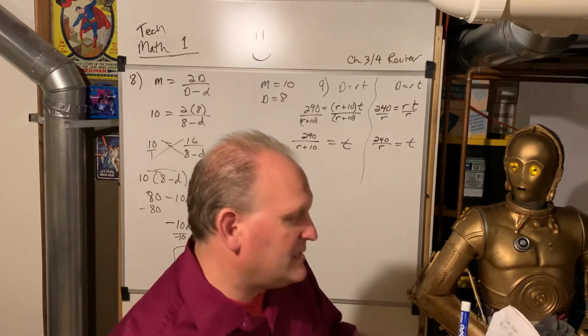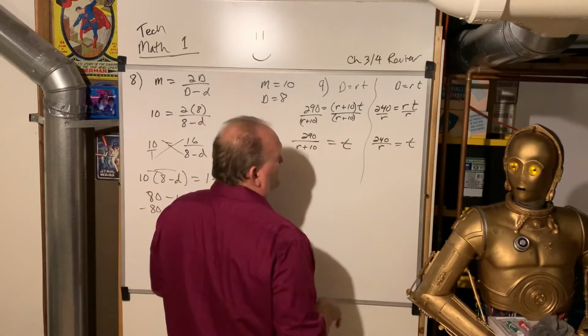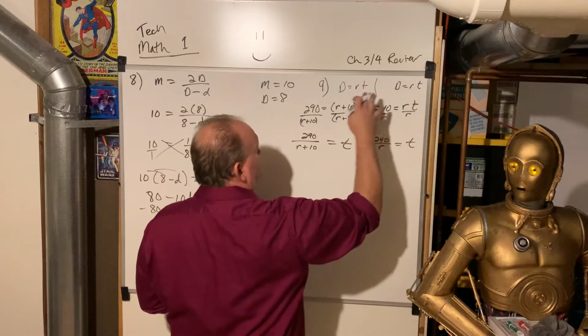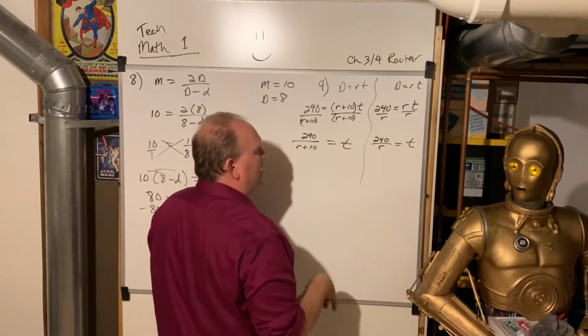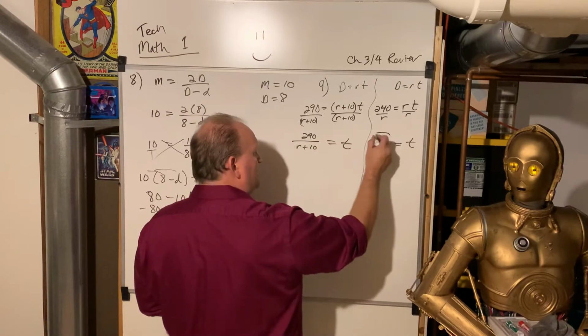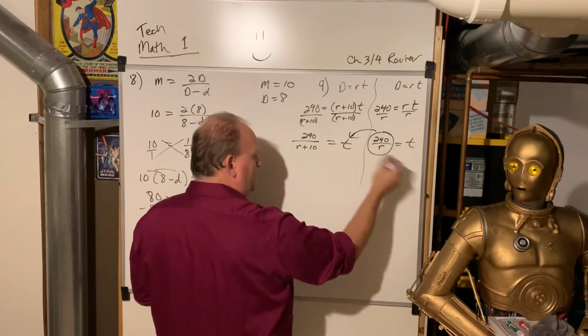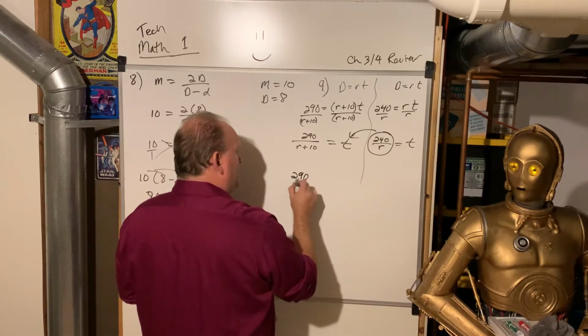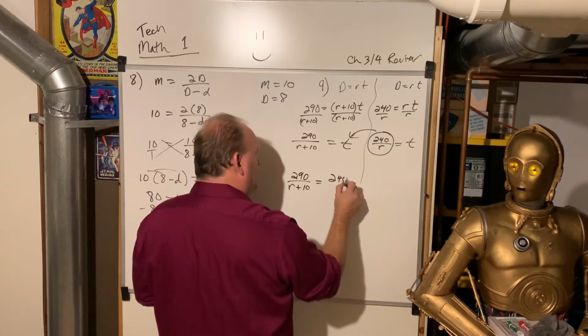So the same amount of time, this one covered 290 miles, this one covered 240 miles. So they gave us the distances and they said this guy's going 10 miles per hour faster than that guy. And so we set them up, but they said the times are the same. So what that means is I can take this and sub it in there because the times are the same. So I get 290 over r plus 10 is equal to 240 over r.